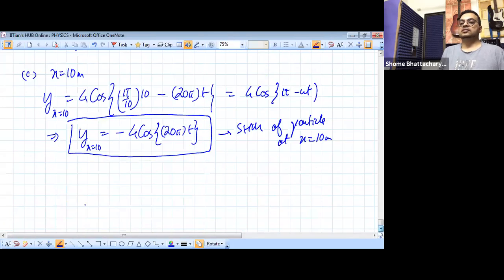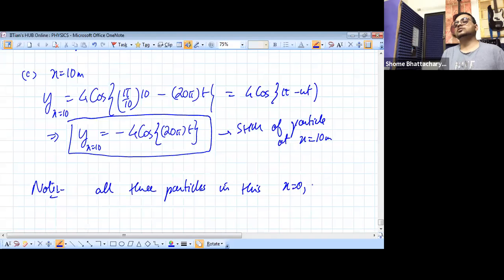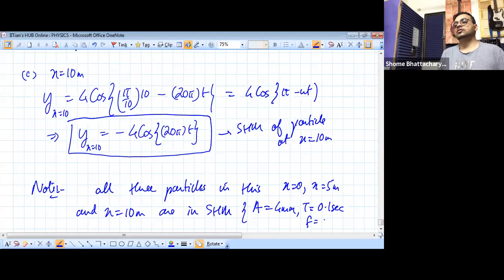So you can see that, therefore, finally what's happening, all 3 particles which we have considered, x equal to 0, x equal to 5 meters, and x equal to 10 meters, are in SHM with an amplitude of 4 millimeters and a time period of 0.1 seconds, or frequency of 10 hertz. Okay.